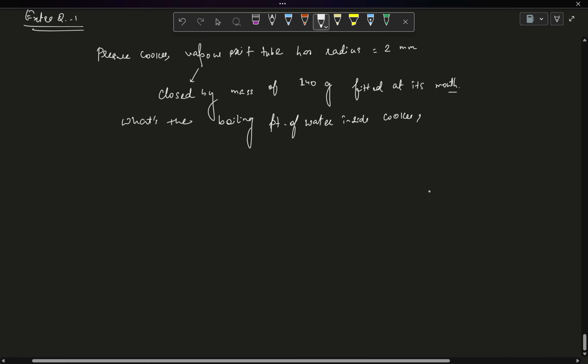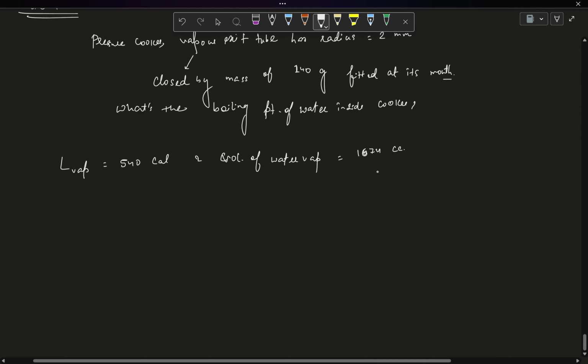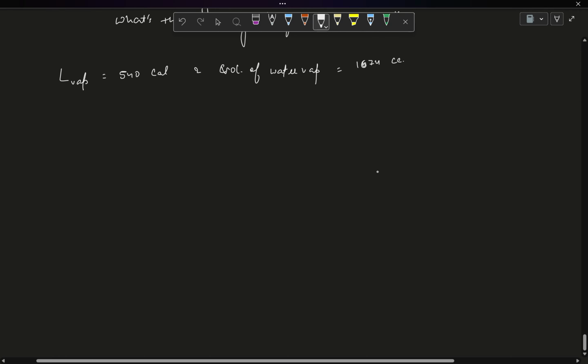And the additional information they have given is the latent heat of vaporization of water is 540 calorie, and the specific volume of water vapor is 1674 cubic centimeter, or cc. Right, so by this you can see that you have to calculate the boiling point temperature.